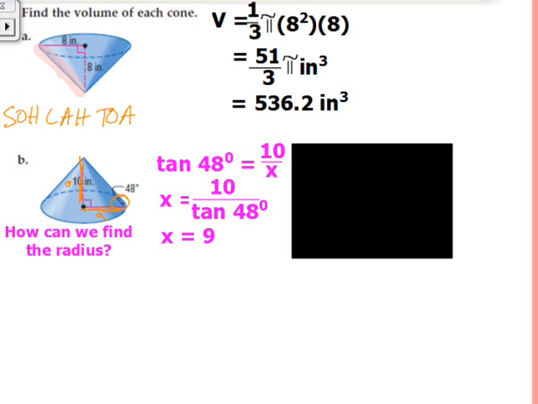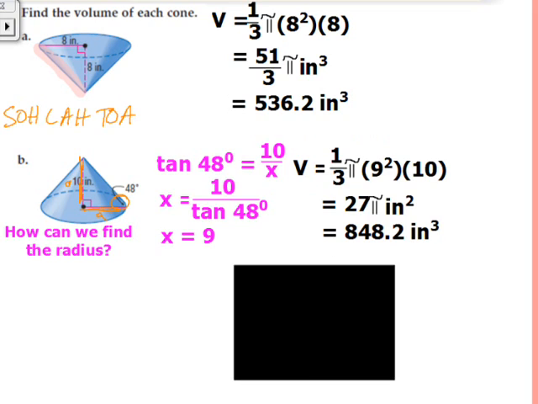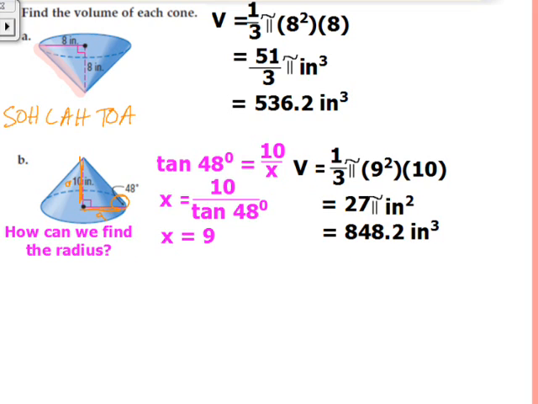You do that and you end up with x being about 9. Now that we have that for the radius, we can go ahead and just plug that right into the formula. It's pretty simple from there, just doing the calculations. You just have to make sure that you're finding the missing pieces using the facts that we've learned, things that we've already learned this year in different units, especially the right triangle stuff comes up over and over and over and over. Okay?